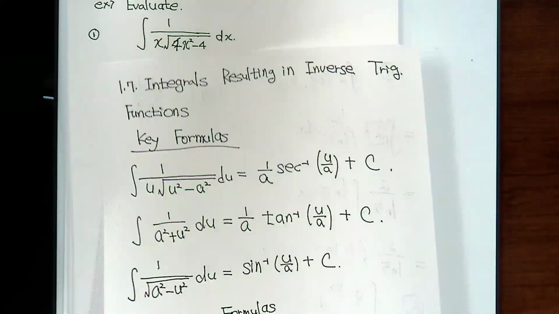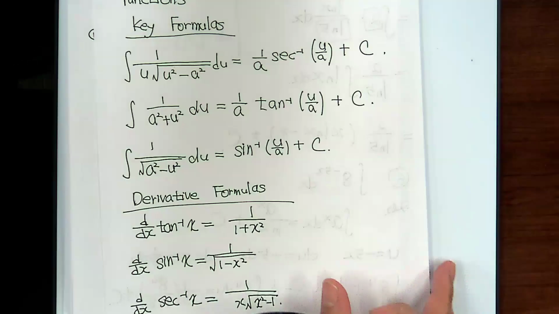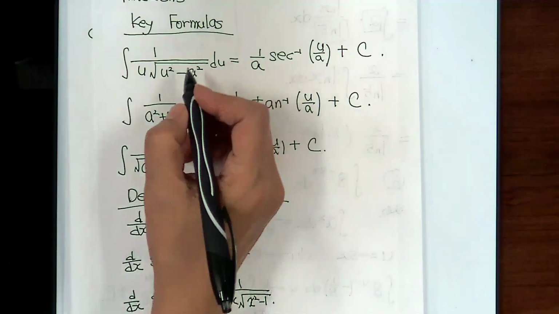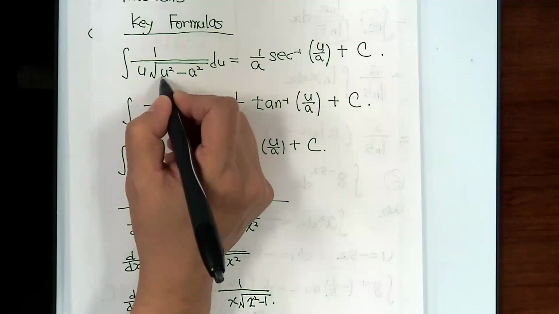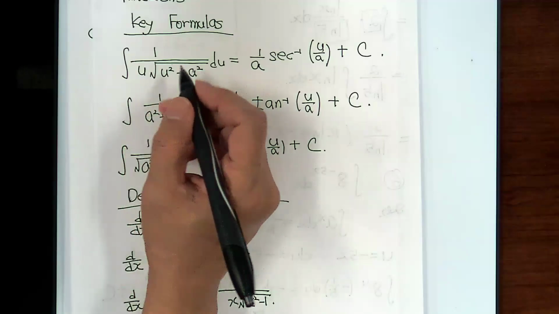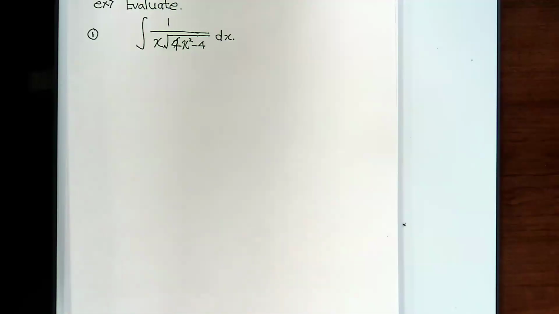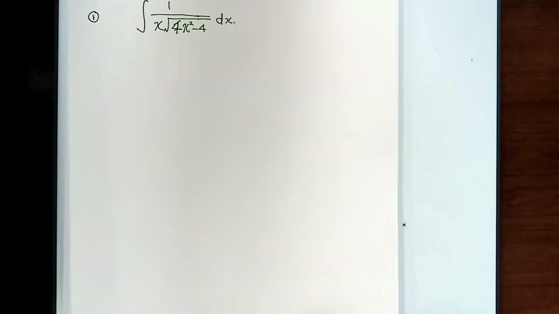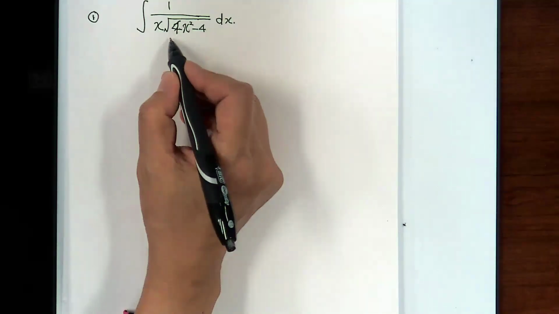Here, when you look at the formula, there is no number here, right? This is just u squared. So there are two ways to resolve this issue with the number.